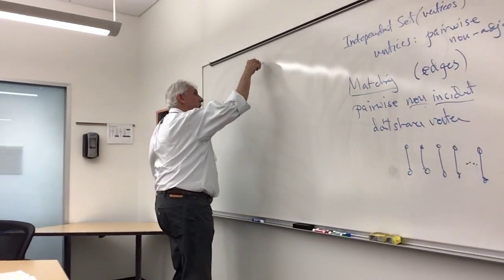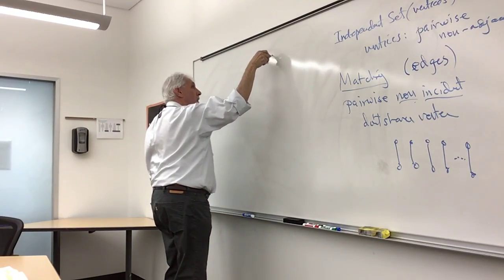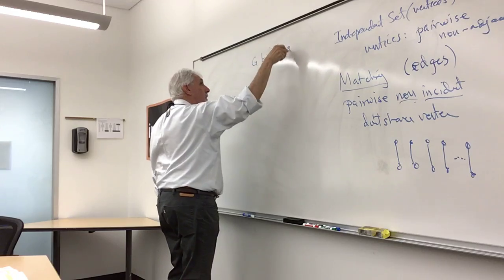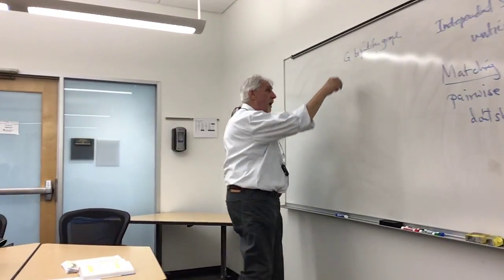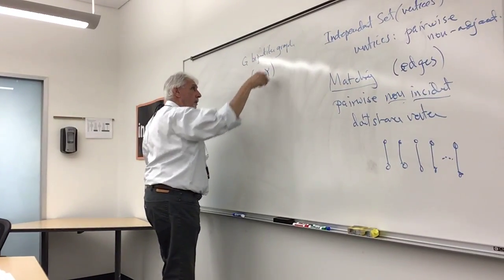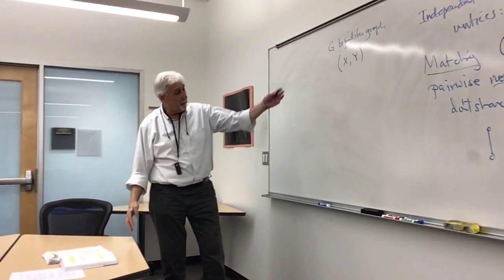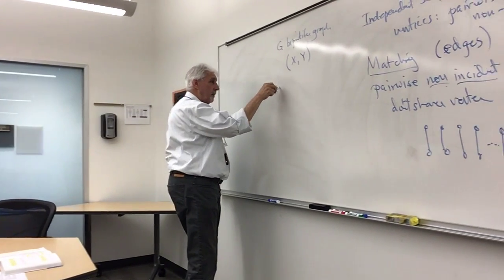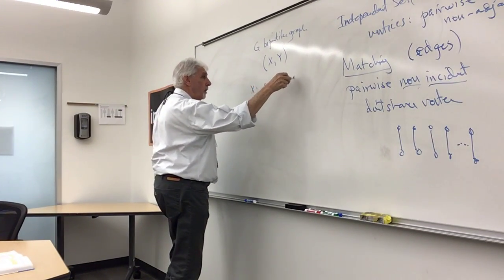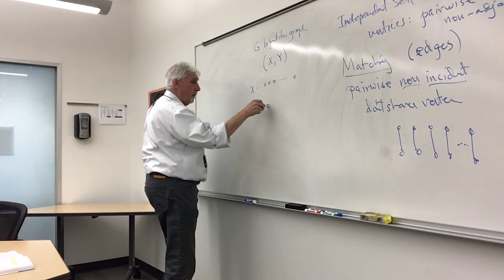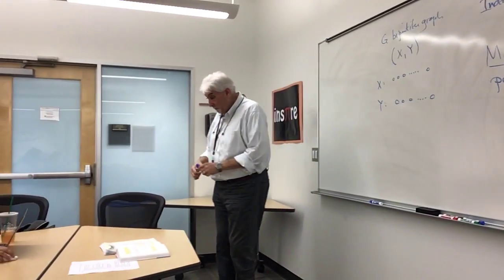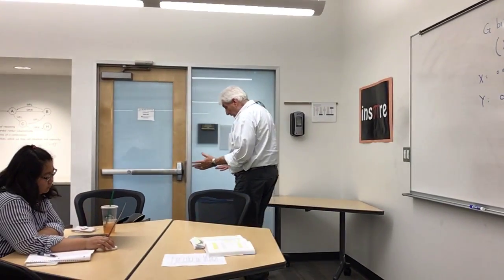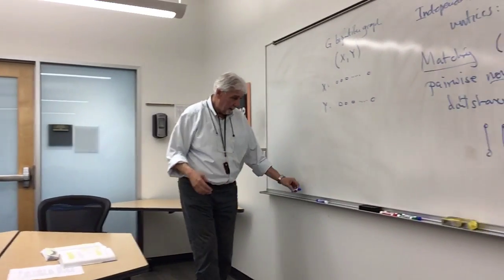So let G be a bipartite graph with bipartition X and Y. Bipartition means that the two independent sets are called X and Y. In many of the applications and many of the problems that we're going to look at, applications is really the key here.